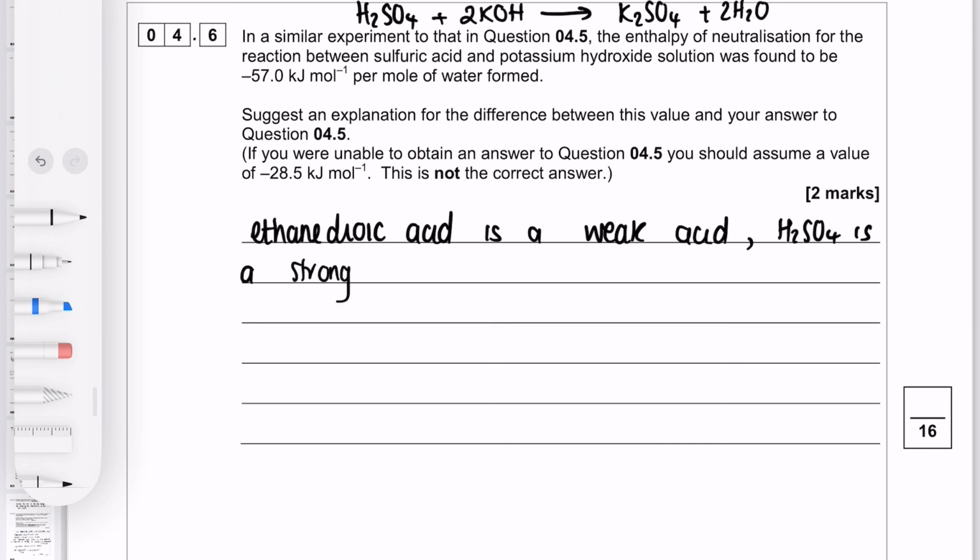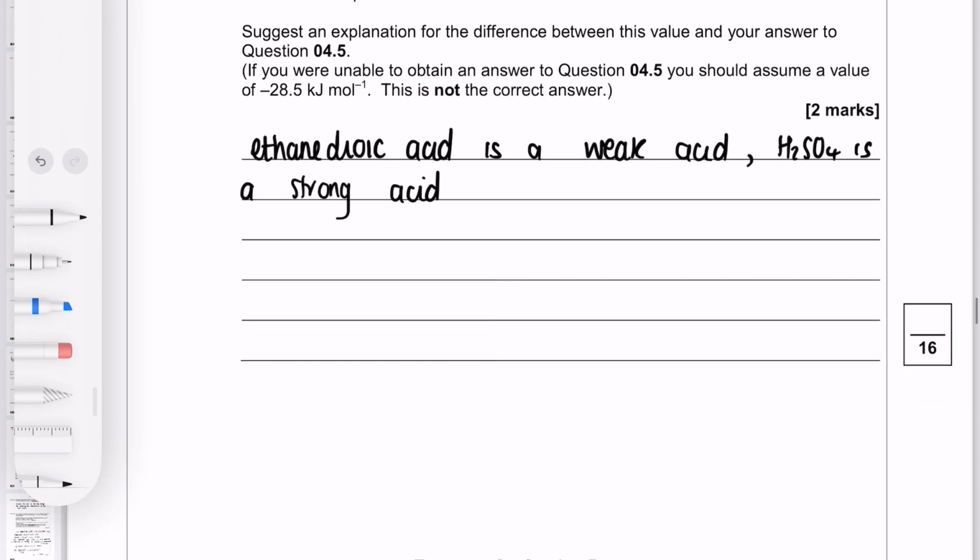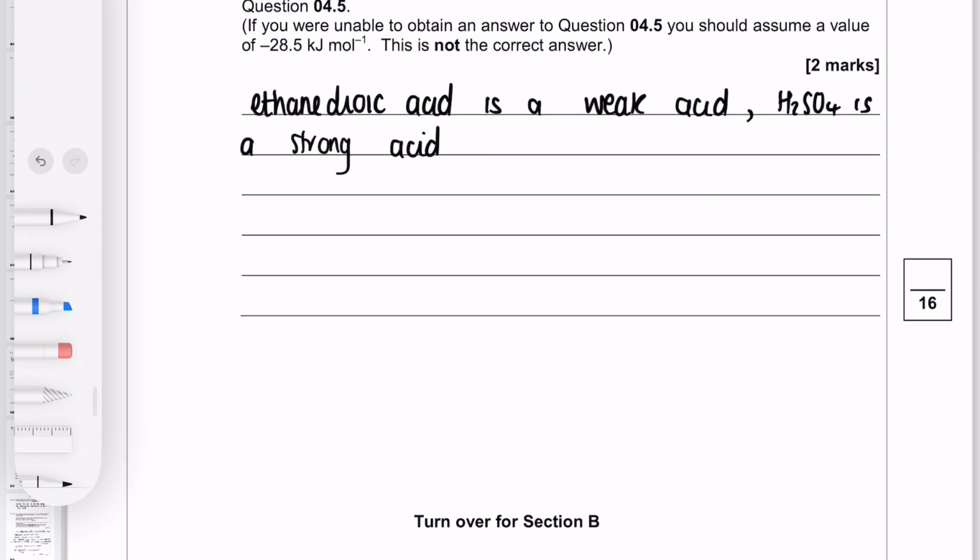So the difference between those is that the H2SO4 is fully dissociated, but the ethane dioic acid is only partially dissociated.